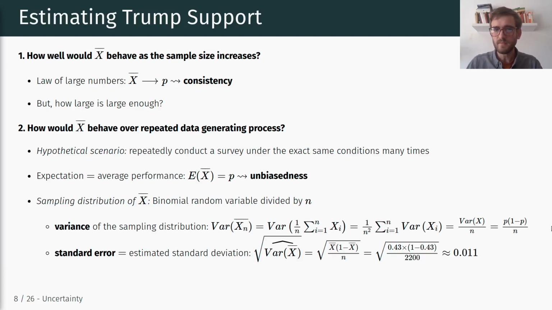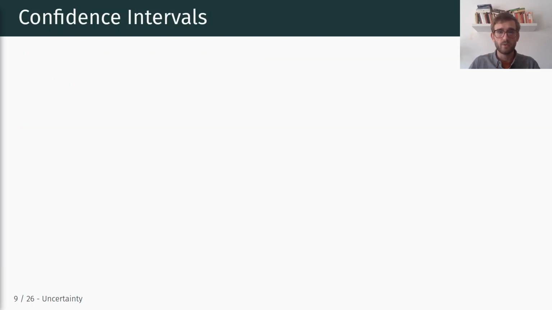All right, so after we have that out of the way, we're going to go back to computing confidence intervals. And I want you to keep in mind that when we talk about confidence intervals and standard errors, we're always characterizing uncertainty in our estimator beyond our specific sample.